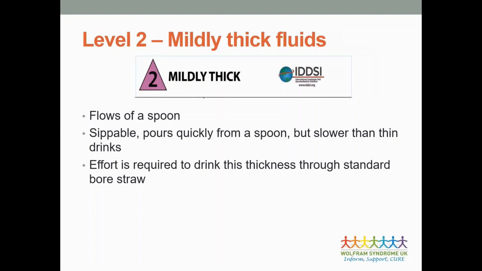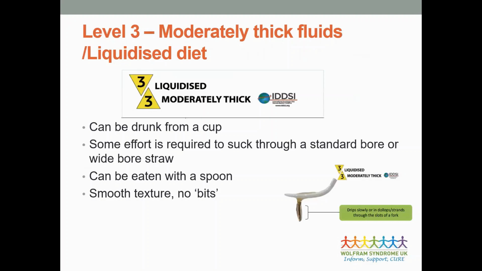Level 2 is your mildly thick fluids, flows off a spoon but moves a little bit slower. It's sippable, and you can get it through a straw with a little bit more effort. Level 3 is your moderately thick fluids, and this also corresponds to a liquidized diet, so they'll be the same consistency.